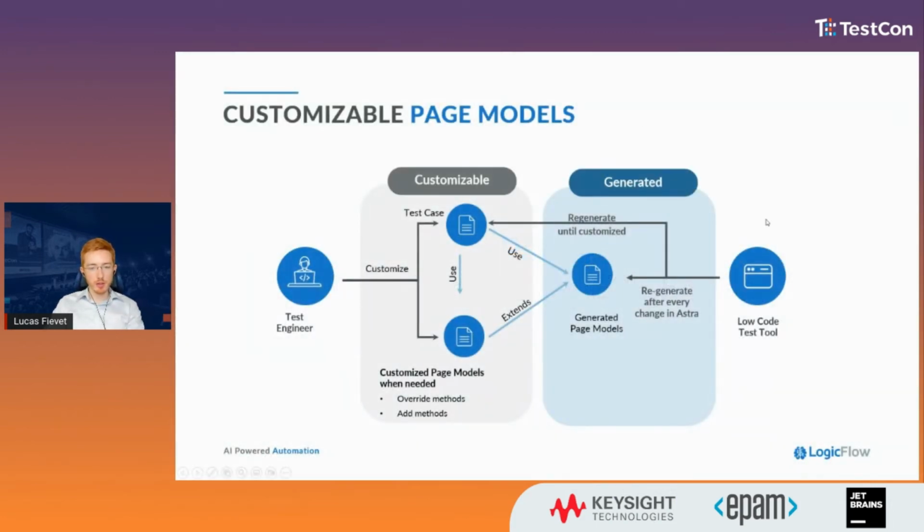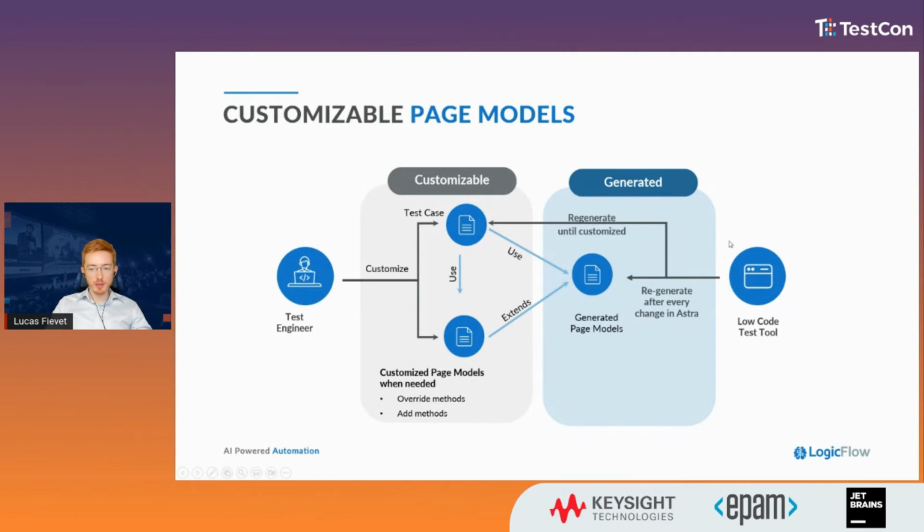So there, Astra allows an easy customization system where the low-code test tool here to the right can generate page models. These can be regenerated at any time. The test case itself uses these page models, and the test engineer who will extend this test case can create extended page models, override some methods, add some methods, for example, asserting a certain value on a page against an external API, and then replace the usage of certain page models in the test case with the overwritten page model.